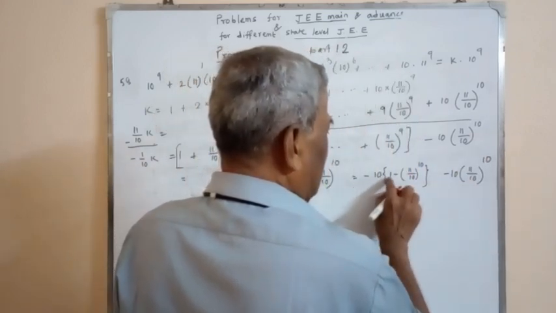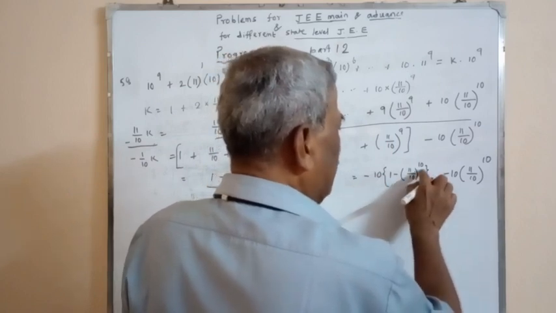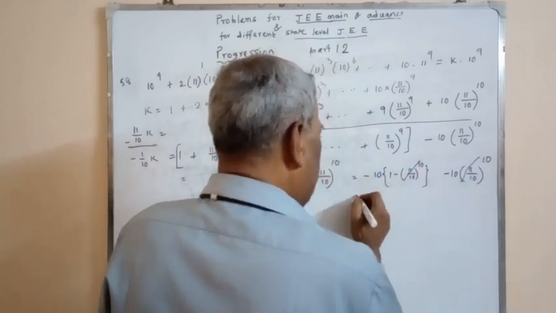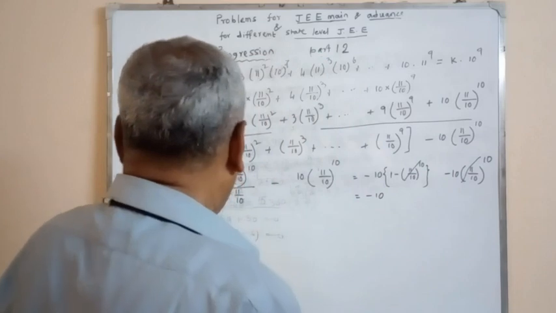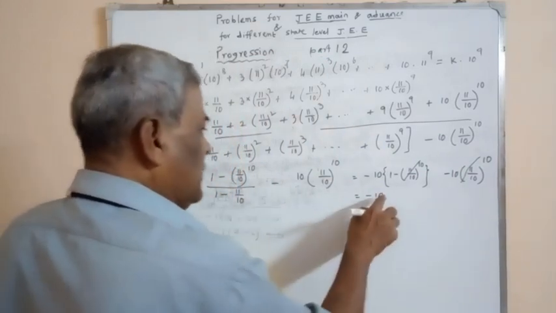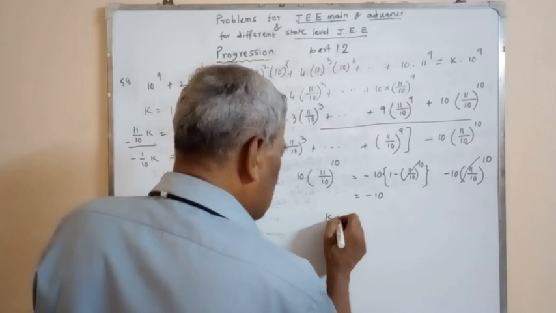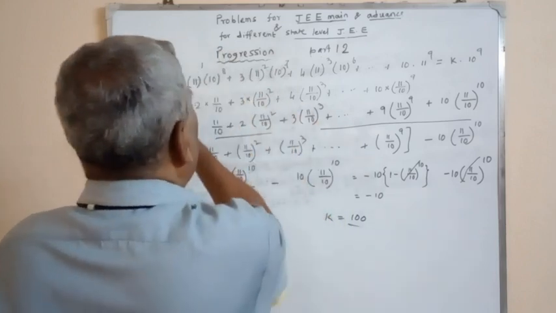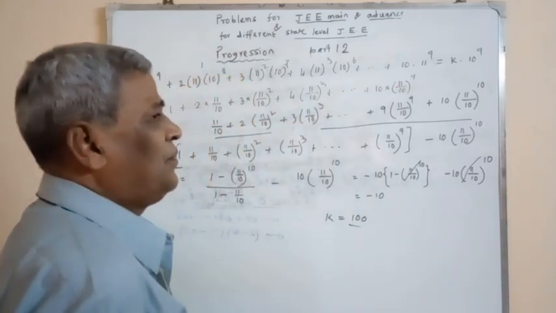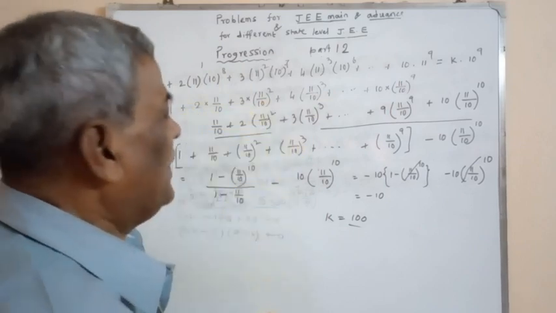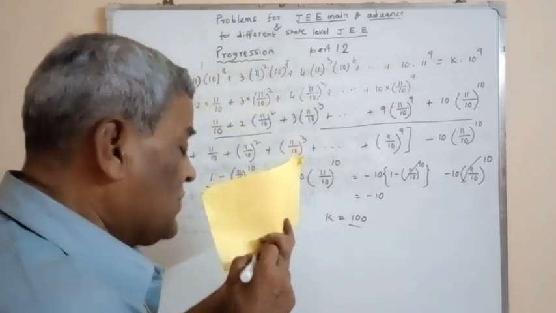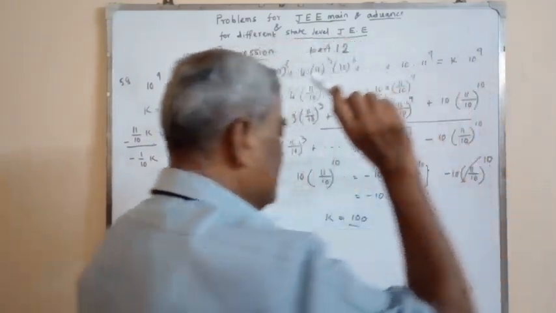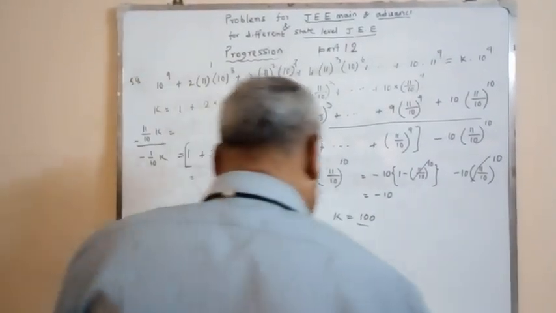Now you see, this is plus 10 into 11 by 10 to the power 10, exactly that term with a negative sign. So this cancels with that. So it is equal to minus 10. So minus 1 upon 10 k is equal to minus 10. So k is equal to 100. So k is the sum of this AP-GP series, and if k is equal to 100, then this series is equal to that series. So the answer is k equals 100.